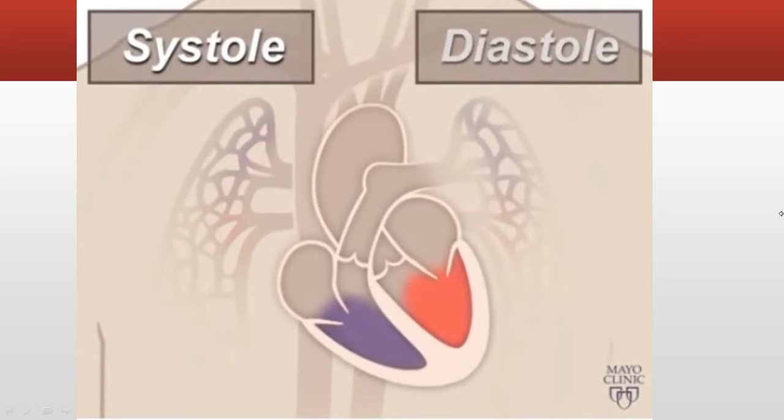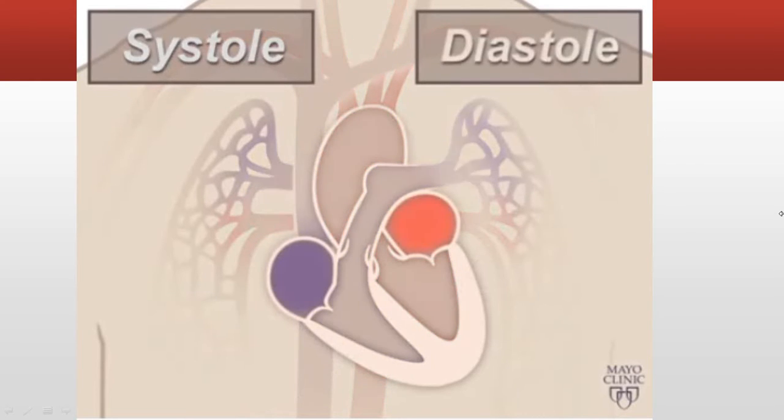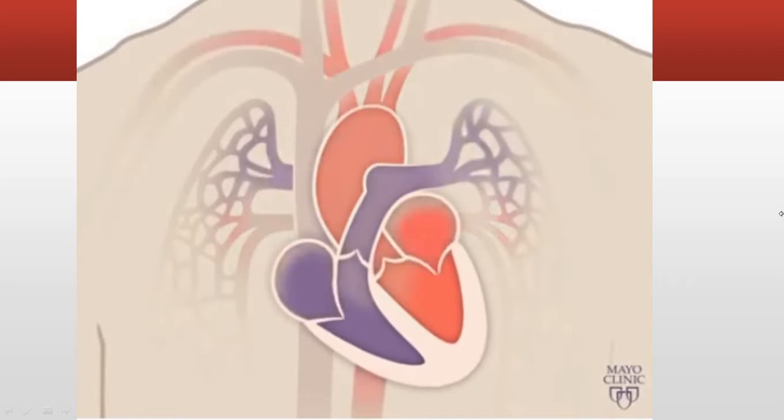During systole, your ventricles contract, forcing blood into the vessels going to your lungs and body, much like ketchup being forced out of a squeeze bottle. The right ventricle contracts a little bit before the left ventricle does. Your ventricles then relax during diastole and are filled with blood coming from the upper chambers, the left and right atria. Then the cycle starts over again.